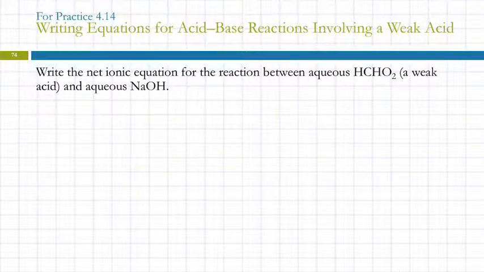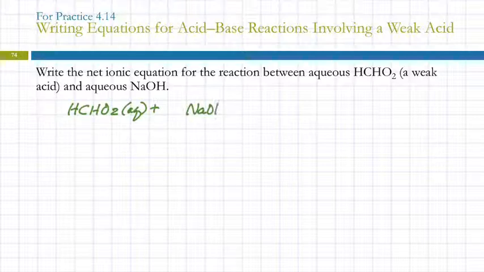Let's do one with a weak acid. We're going to write down our formulas. So I've got HCHO2, that's aqueous. And I've got sodium hydroxide, also aqueous.